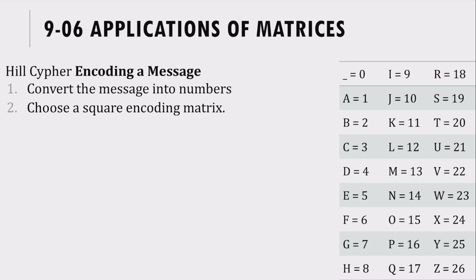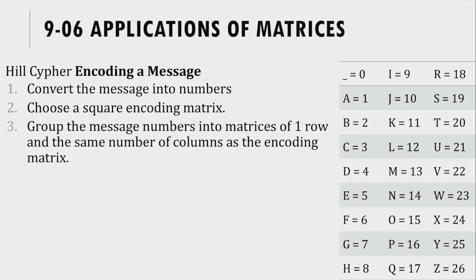Choose some sort of square encoding matrix. The bigger the matrix, the more complicated the result. Then you're going to group the message numbers into matrices of one row and the same number of columns as the encoding matrix. So if it's a 2 by 2 encoding matrix, you're going to group your numbers into 2s. If it's a 3 by 3 matrix, you group it into groups of 3.